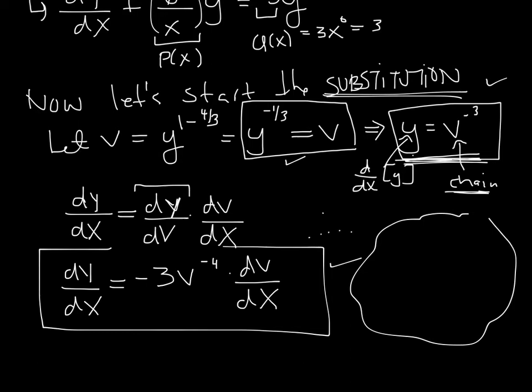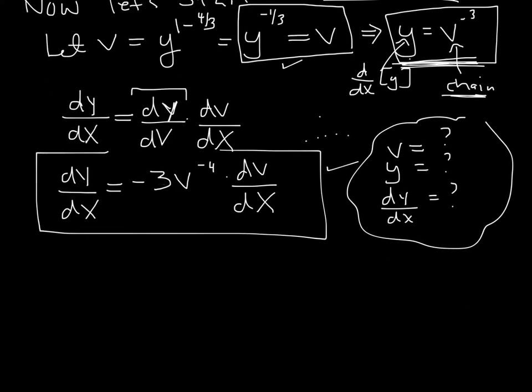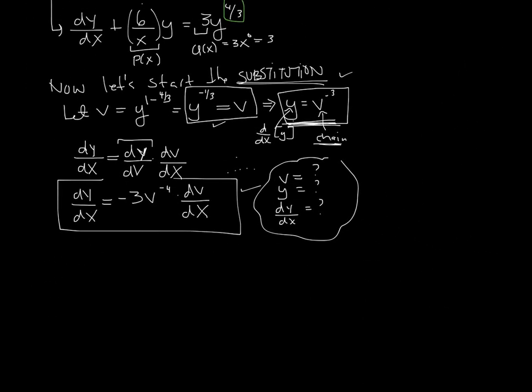So you're solving for a v equals, a y equals, and then a dy dx equals, when you do the substitution, if that helps, or if it doesn't help, you don't have to write it down. Now we're ready to transform our differential equation of x and y into some g of x and v. So let's move that up.